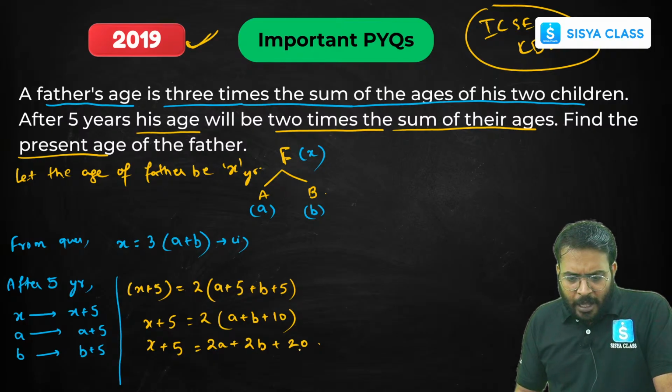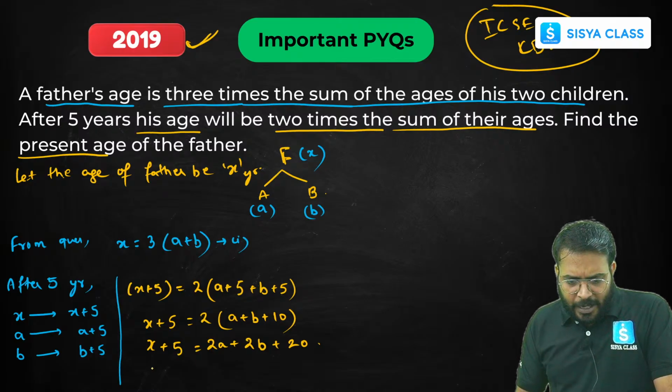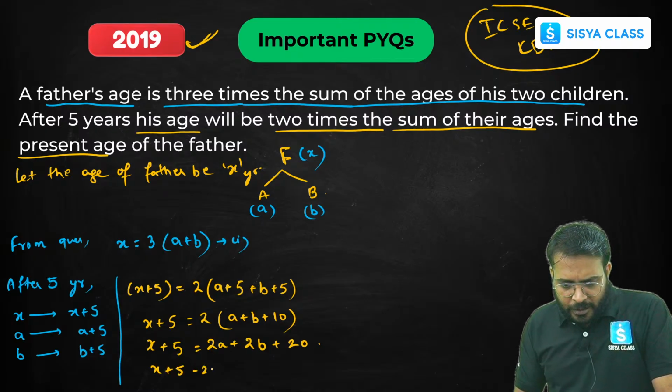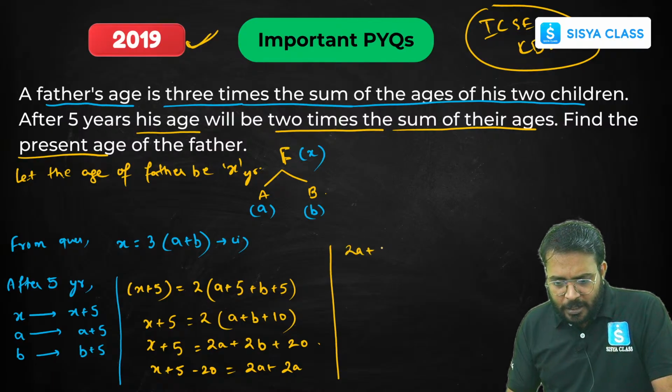Now, if I take this across, it is going to be X plus 5 minus 20, which is 2A plus 2B. From here we get 2A plus 2B is X plus 5 minus 20, that is X minus 15.